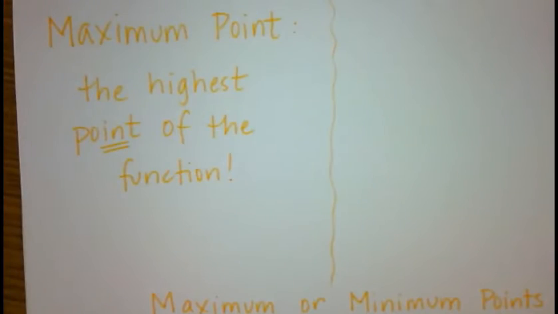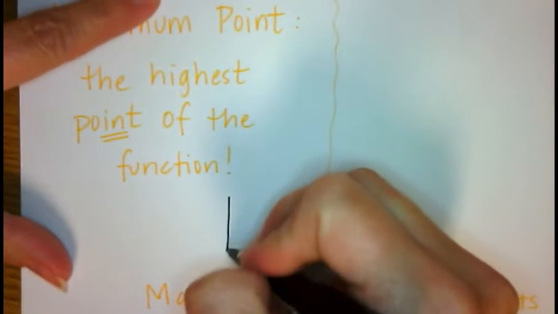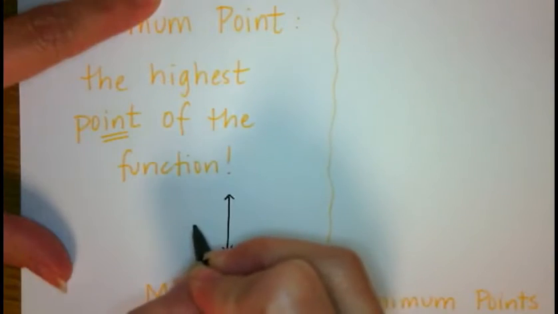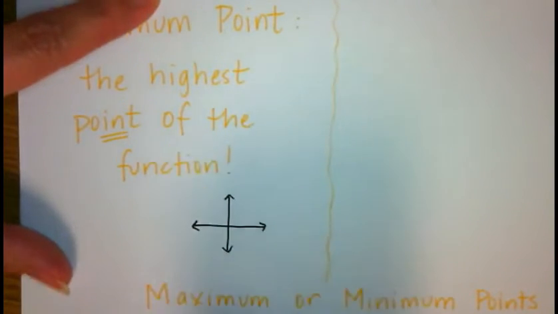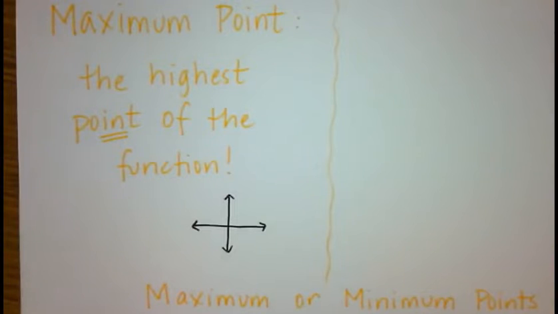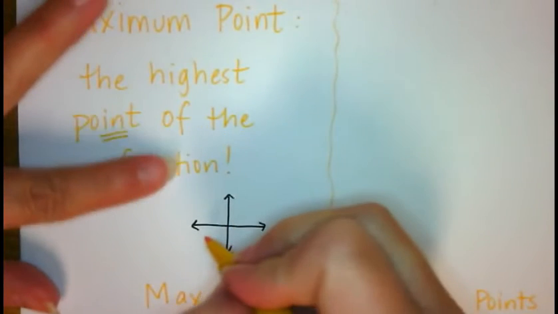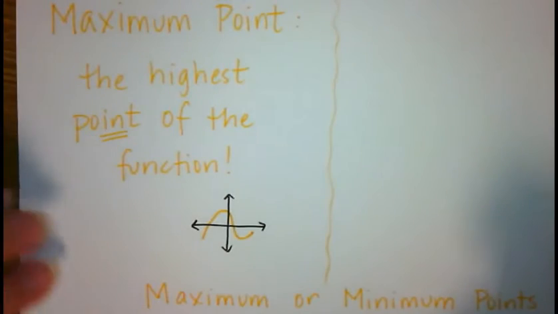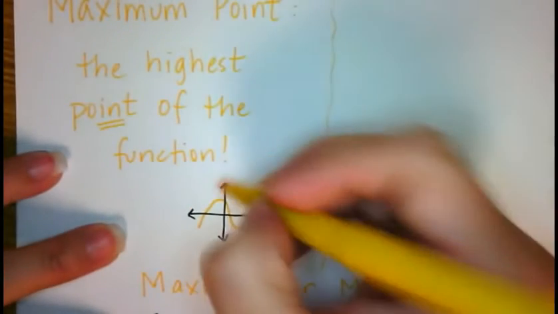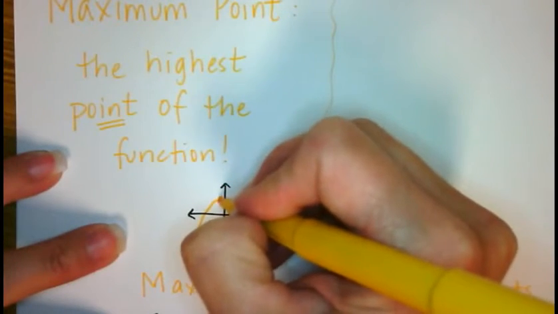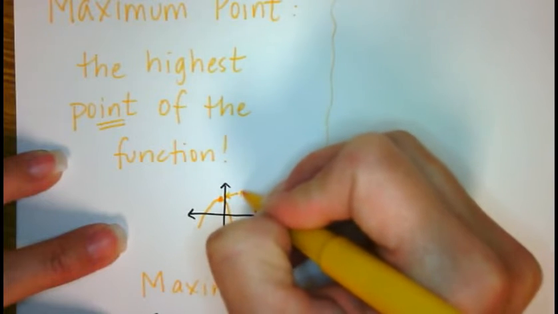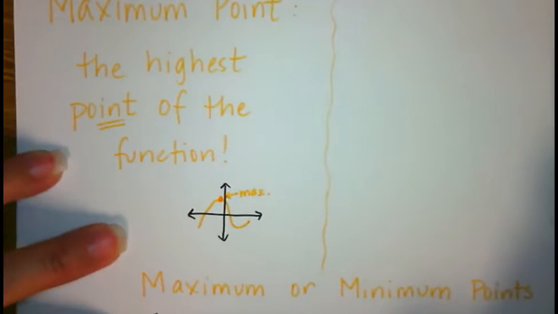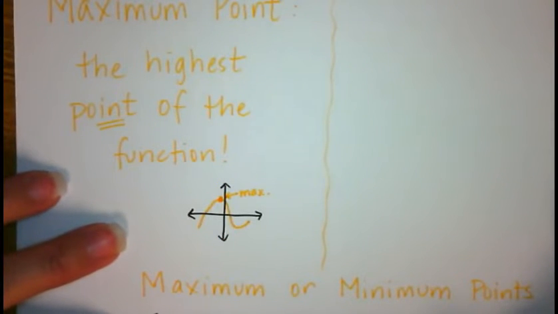So just to give a sketch to this one, if we had just a little XY graph here, if we had something like that as our function, then this right here would be the maximum point because that would be the highest point on the function.